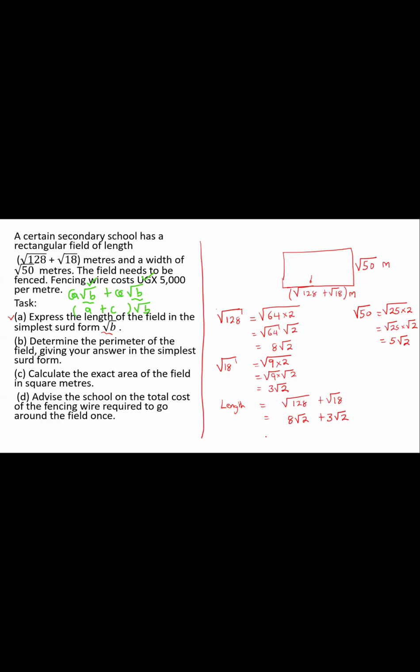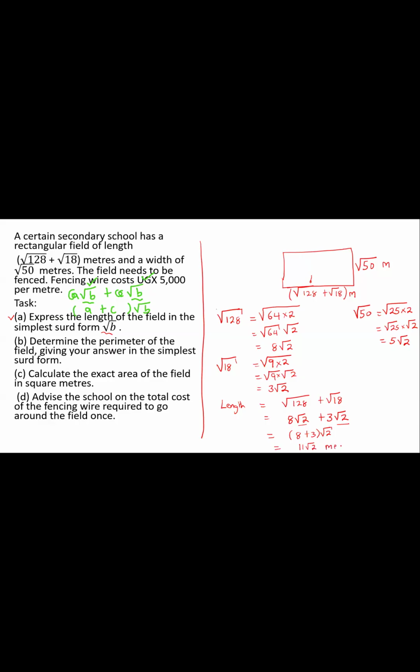So here in our simplified form, this one is going to be 8 plus 3, everything into root of 2. Because root of 2 is common here and common here. So we remain with 8 plus 3, which will give us 11 root of 2, and these are the meters.